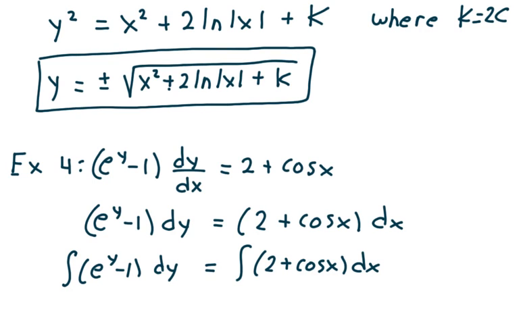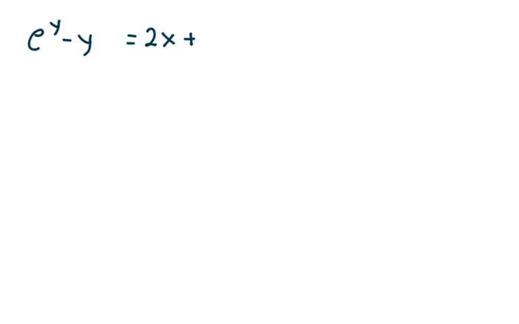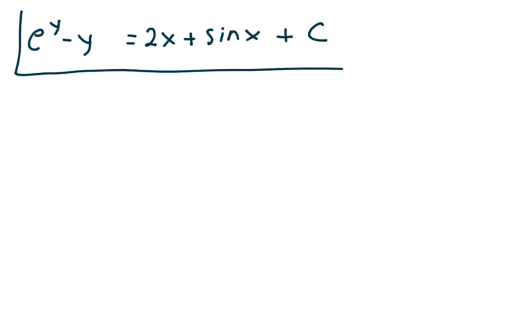The function whose derivative is cosine x is sine x. So I get 2x plus sine x plus some constant c. And this is one situation where we're not able to solve for y in terms of x, so it would be pretty acceptable to leave the answer in this form.